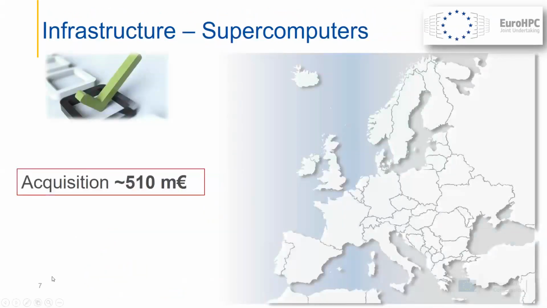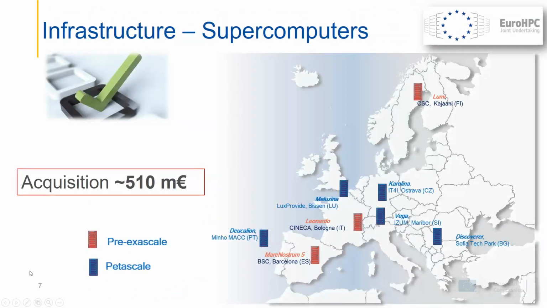This slide shows what has already been achieved from the infrastructure point of view. We have already procured through the JU 5 petascale and 3 pre-exascale machines. That acquisition is about 510 millions in total. It follows the Digital Decade's vision and the mission of the JU in order to assure a secure and integrated world-class HPC infrastructure.